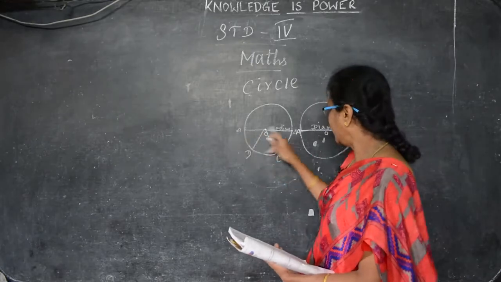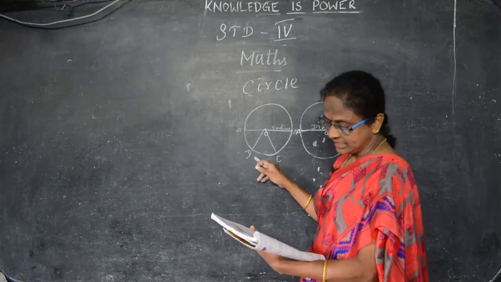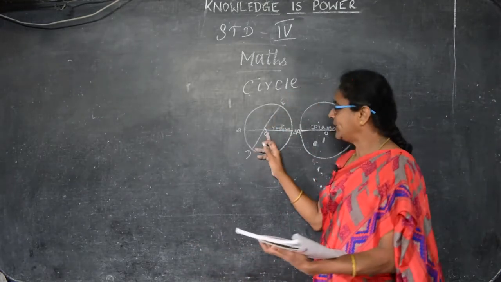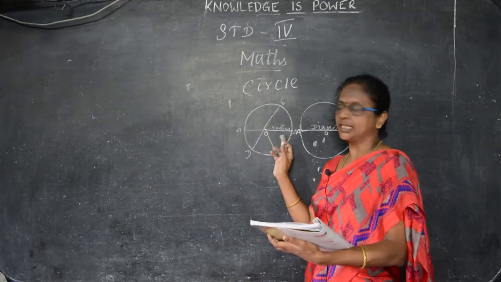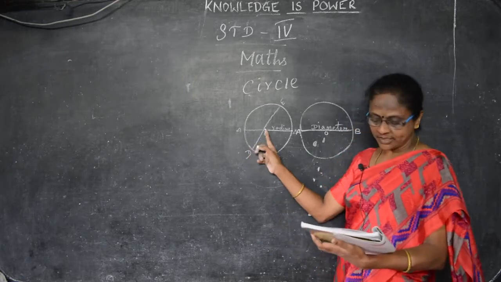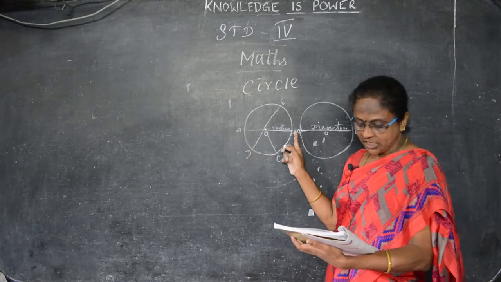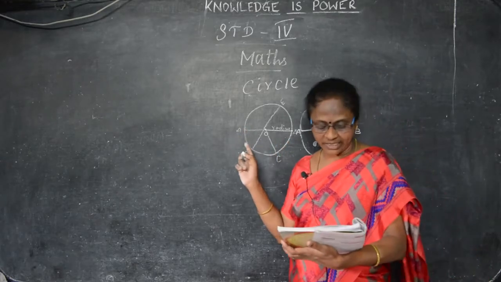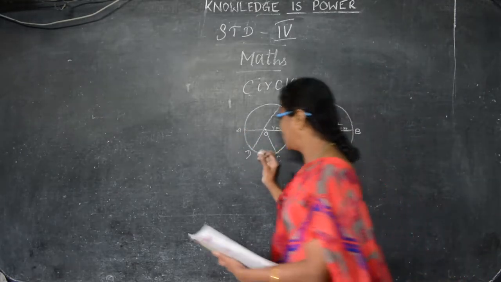And you can also make a line, this is E. So O is the center of the circle. The distance from the center of the circle to each of these points is called the radius of the circle. Can you understand, children? So radius is equal in length.